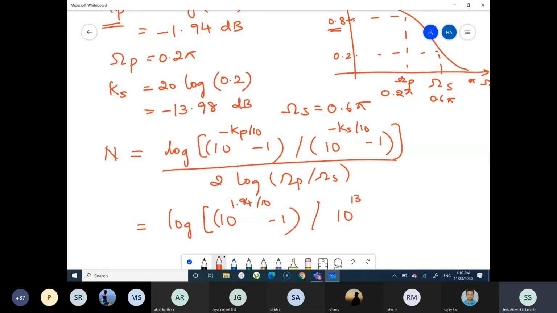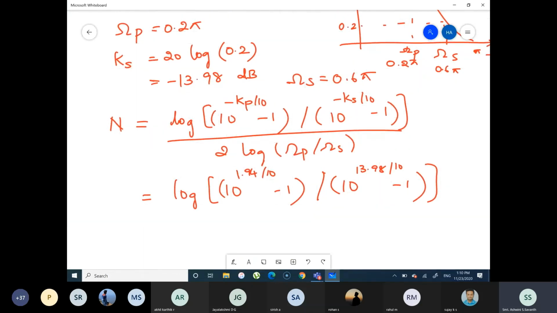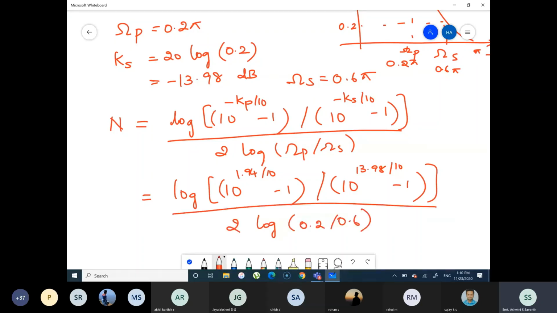So it becomes plus 13.98 divided by 10, minus 1. Denominator: 2 log of omega p is 0.2 pi. Pi gets cancelled in the numerator and denominator. So 0.2 by 0.6. Yes, calculate that value.